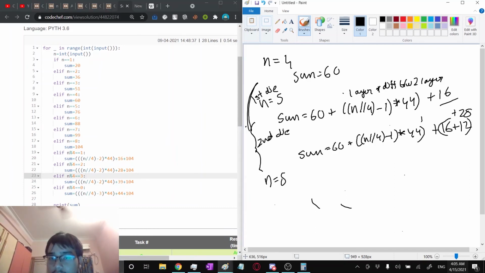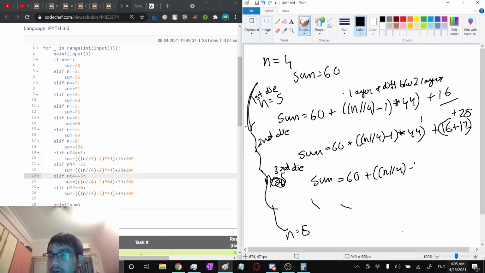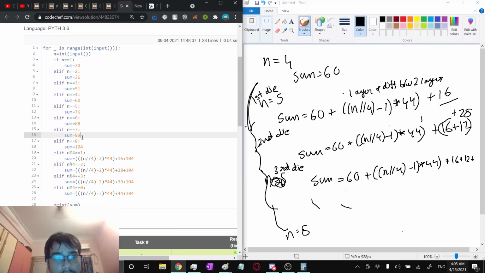For the third layer, third die, it would be sum for the 60 plus layer into 44 plus 16 plus 12 plus, let's see here.